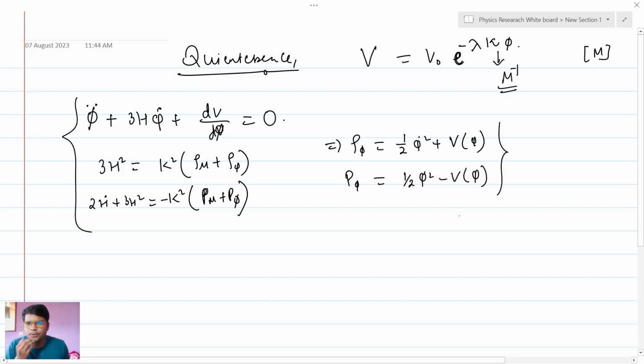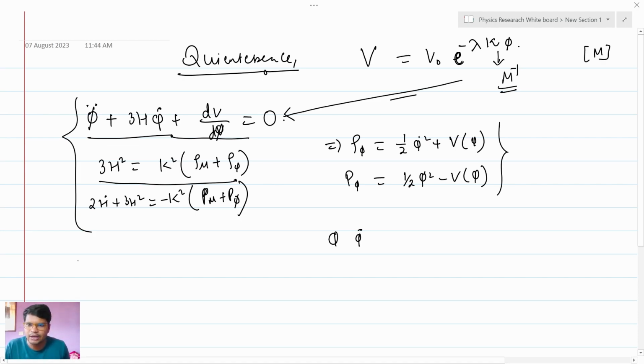Now, if you are using the brute force method, you can say, okay, I'll just implement everything in this equation, and as it runs, it will try to estimate phi and phi dot from this differential equation using the 3H square equation. And again, I can say that H square is equal to H0 square times omega m0 plus omega phi 0, correct?